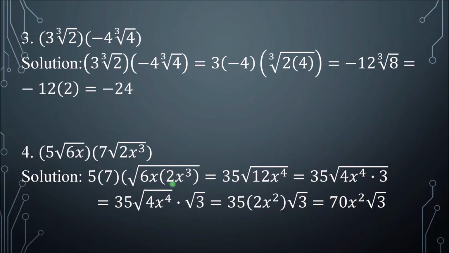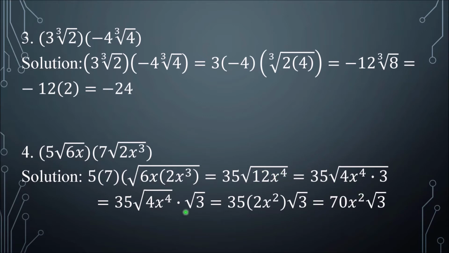So 6x times 2x cubed is 6 times 2, 12. X times x cubed, x raised to 4. Then after that, 12x raised to 4 will turn into 4x raised to 4 times 3. Why 4x raised to 4? Because this is a perfect square factor of the radicand.